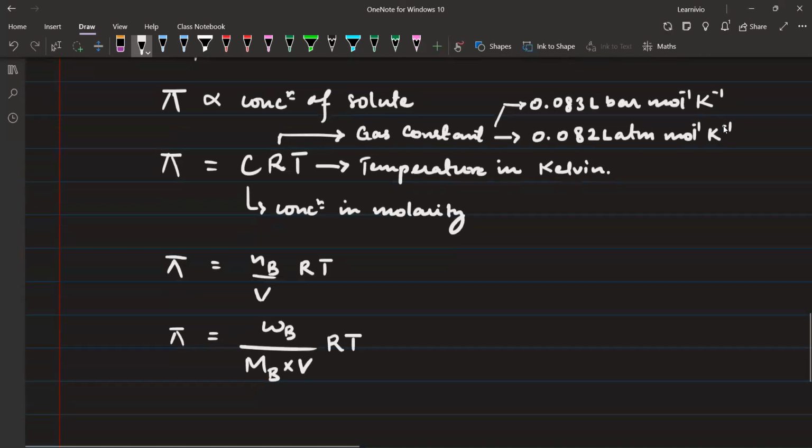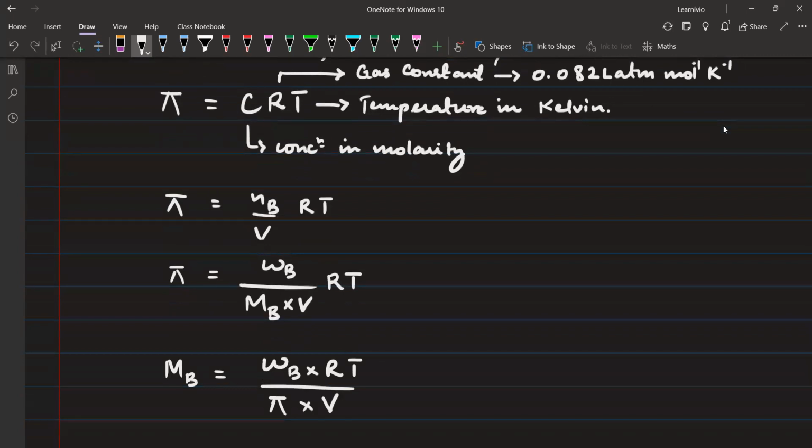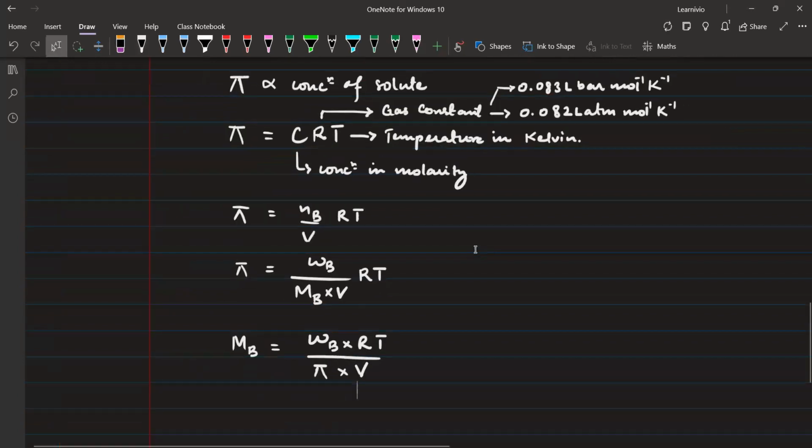From this, we can determine the molar mass of the solute. The molar mass of the solute will be equal to the given mass of solute multiplied by RT divided by the osmotic pressure pi multiplied by the volume V. Please copy this down.